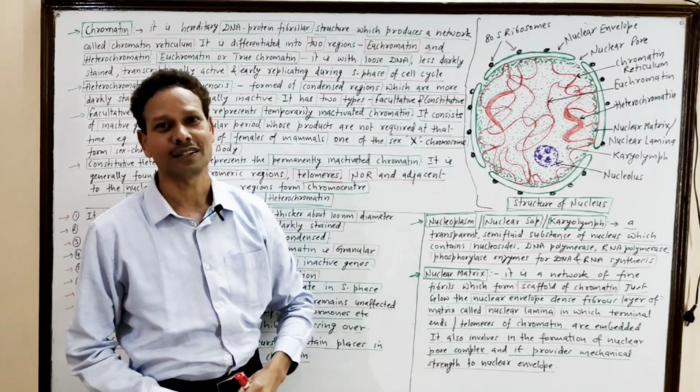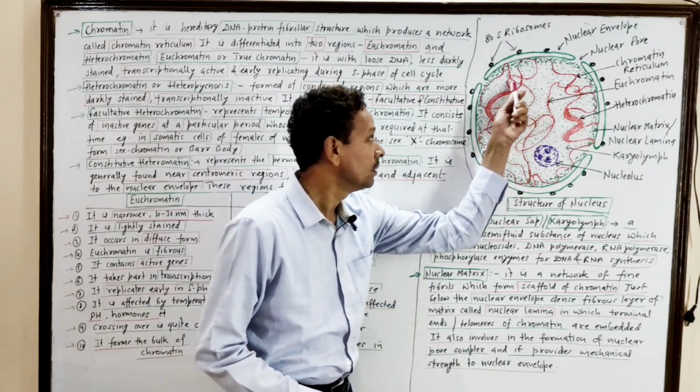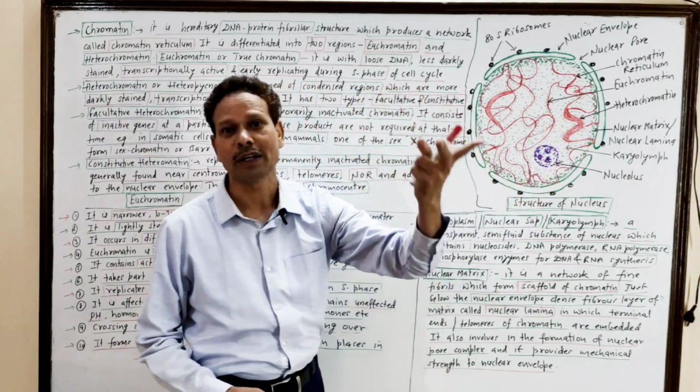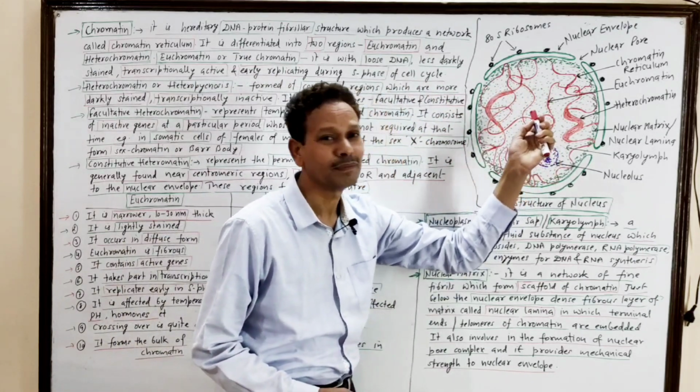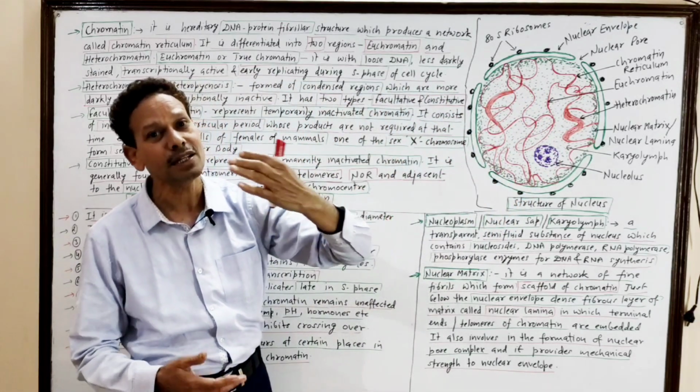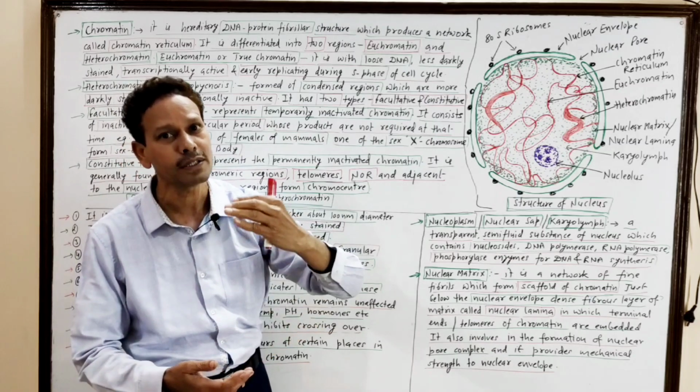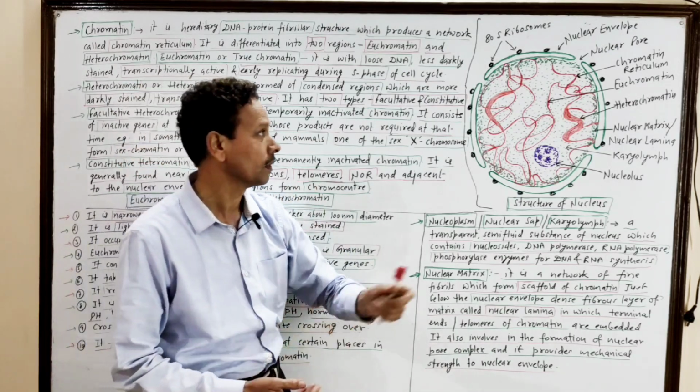In today's lecture, we will cover this thread-like network in the nucleus, it is chromatin. It is the chromatin network, or chromatin reticulum.